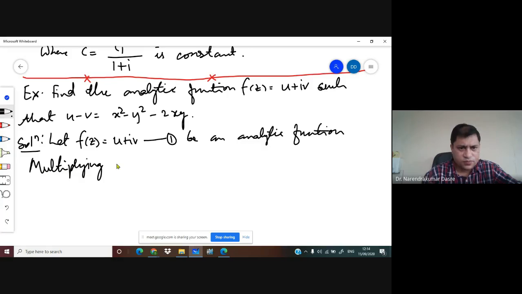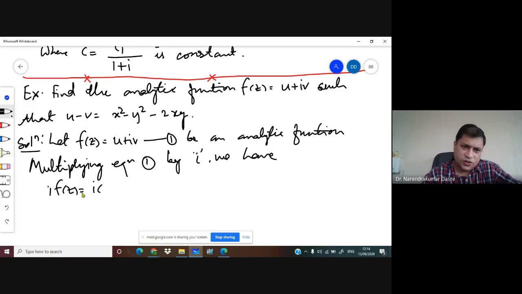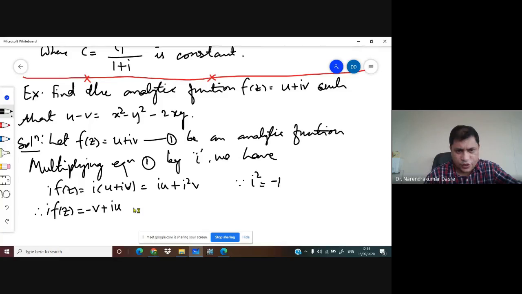Multiplying equation 1 by i, we have i f of z is equal to i times u plus iv, which is equal to iu plus i square v. Since we know i square is equal to minus 1, so I can write i into f of z is equal to minus v plus iu, equation 2.